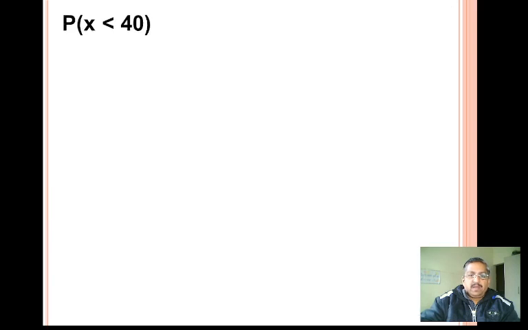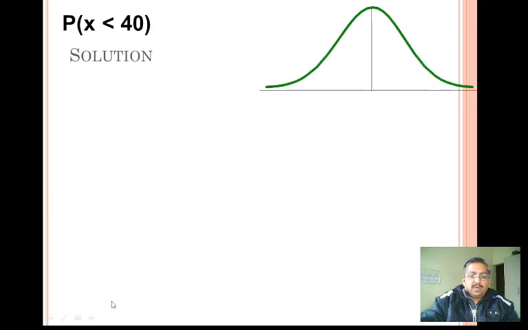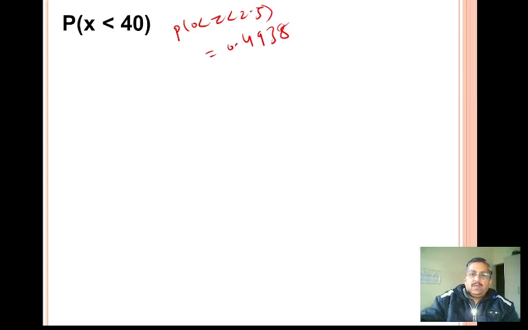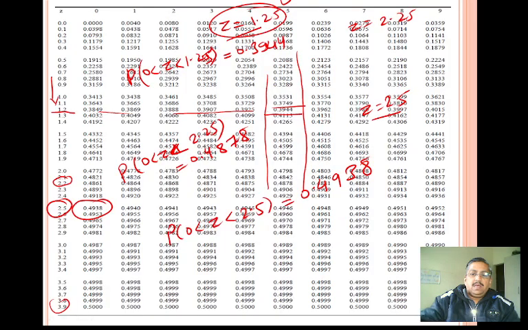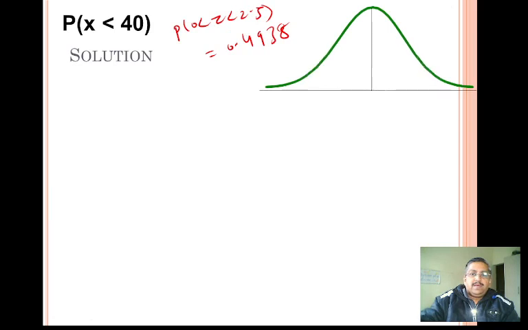Let me copy that value here. So we got that the probability of Z from 0 to 2.5 is 0.4938. Is this clear? Any doubt on this? If so, you can go back and understand that we have calculated 0.4938 from the table itself, right?